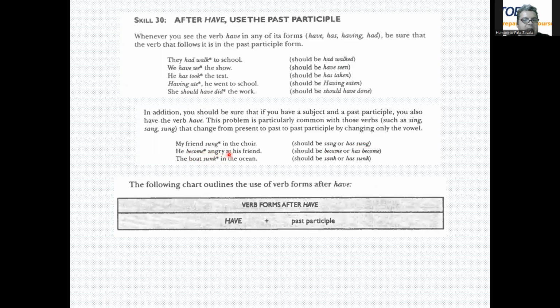He became angry at his friend. Should be he became angry in the past, or he has become angry, present perfect. The boat sunk in the ocean, it should be the boat sank in the past or has sunk in the present perfect. So remember that after have, we're going to write down the past participle form of the verb. That's what you've got to remember.